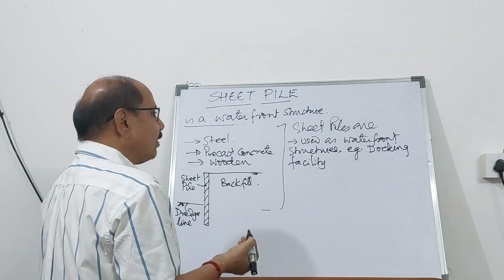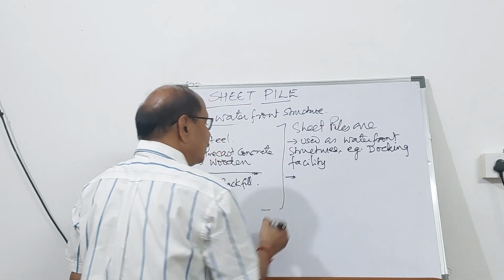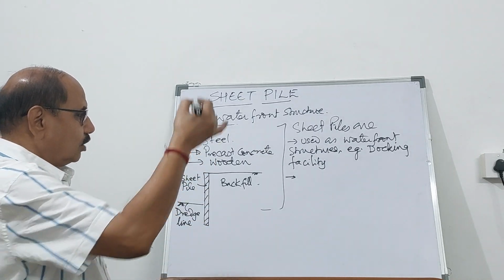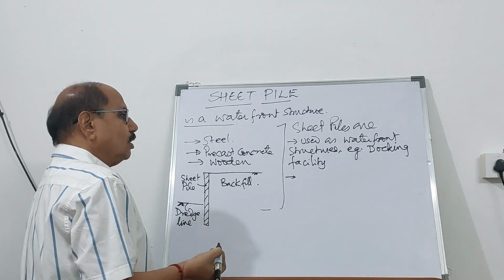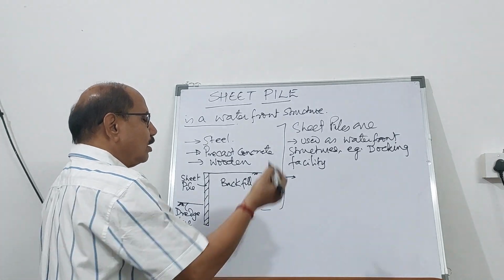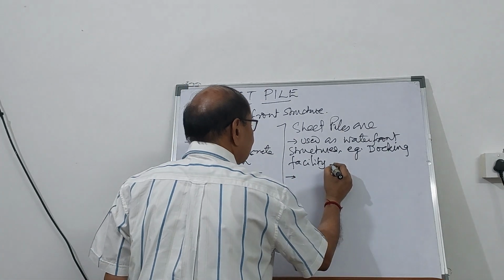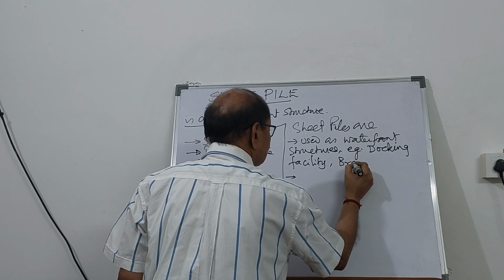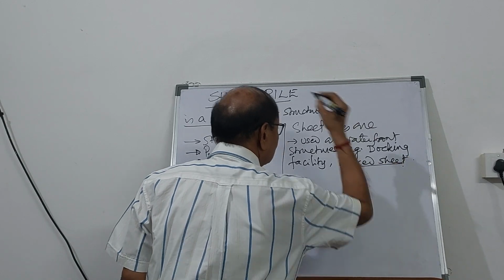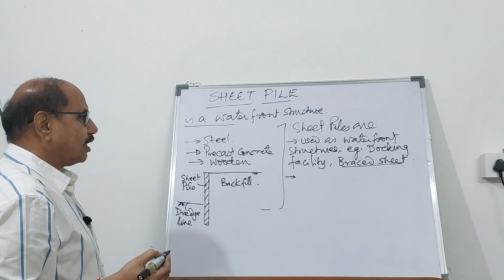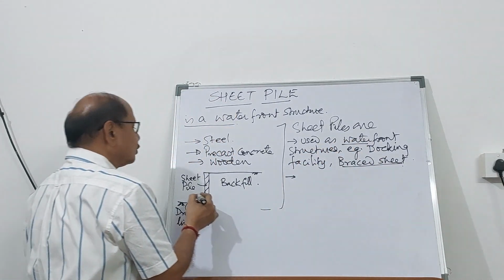In coastal areas you will find it, and sometimes it is also used if you are going to have a basement, or if you want to have a braced cut. So in braced cuts also, sheet piles are used. So sheet piles have many applications, but mostly they are used as waterfront structures.